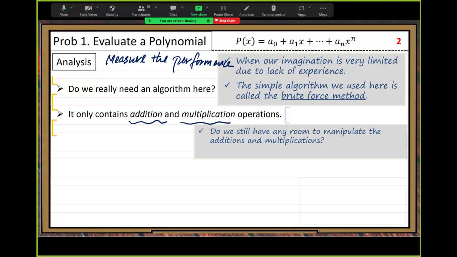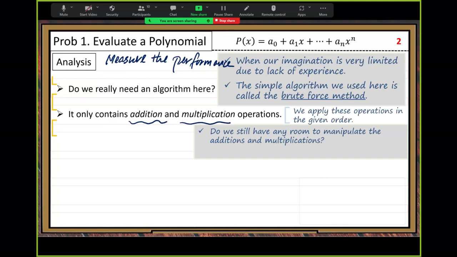We need to find a different way to manipulate the additions and the multiplications. At this point, we may not know that.